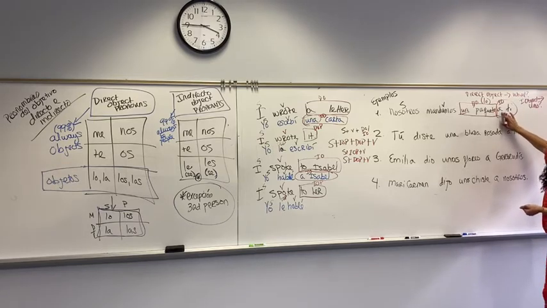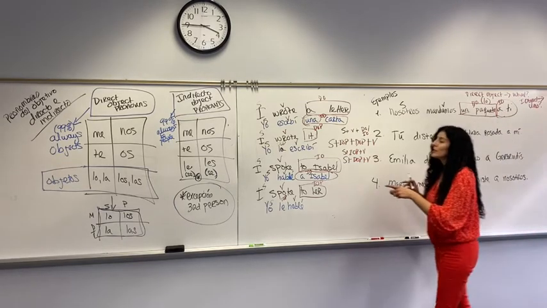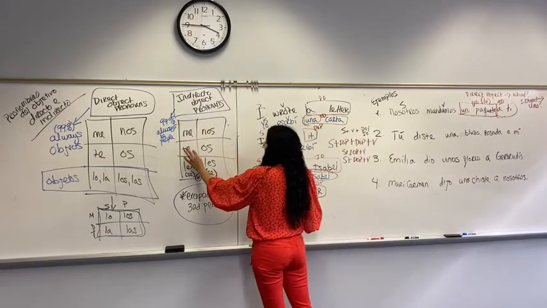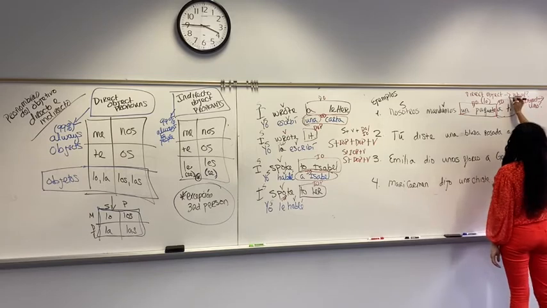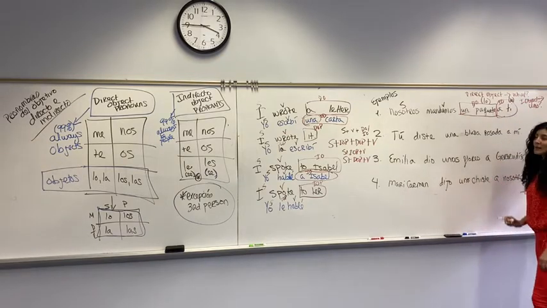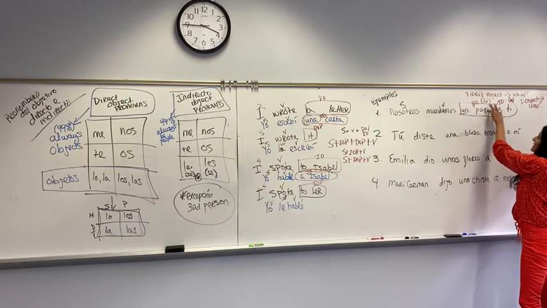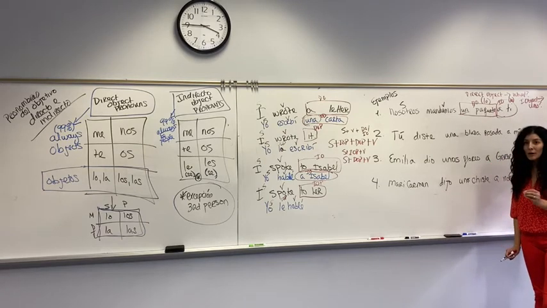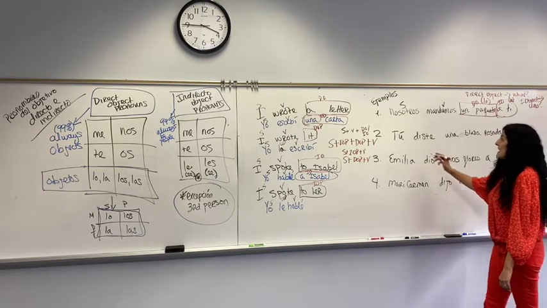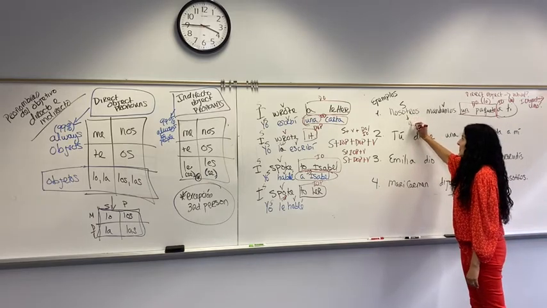And a ti is to you, so that is second person singular. So that would be te. Okay, now remember, these words have to go between the subject and the verb. So I have to say subject, nosotros.